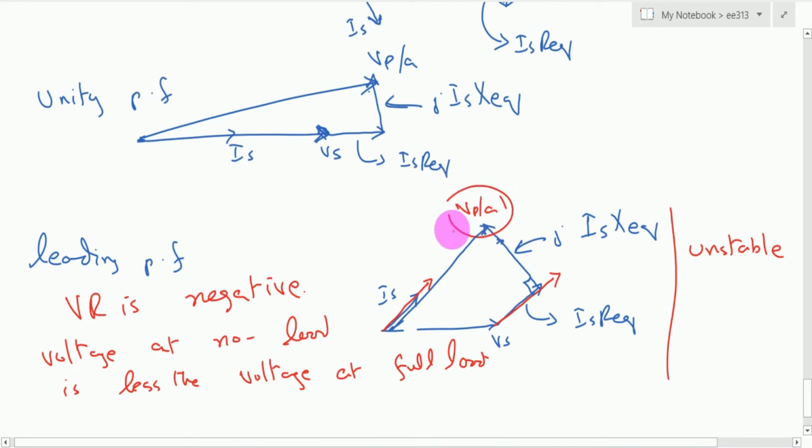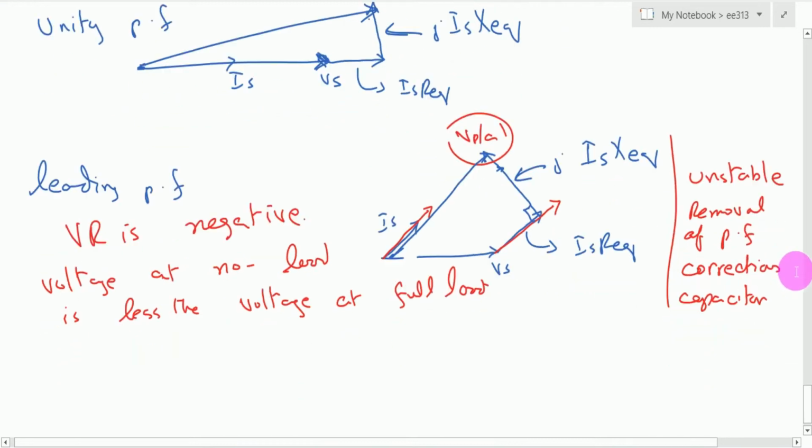So this is actually an unstable condition, and it usually happens if there is a problem in the removal of the power factor correction capacitors, right? Power factor correction capacitors are usually installed in the system. So if there is a problem in detaching them from the system, the transformer voltage regulation may become negative, and the system may become unstable. So this is the transformer voltage regulation.